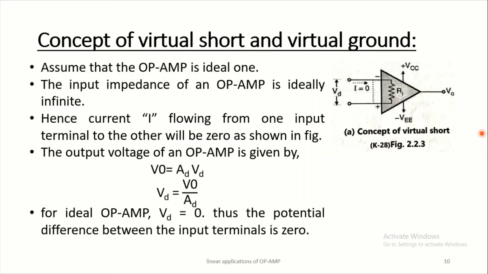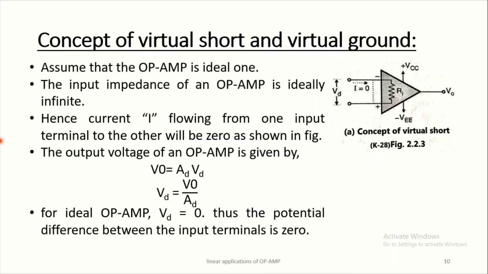Assume that this op-amp is an ideal one. The input impedance Ri of an op-amp is ideally infinite. Hence, the current I flowing from one input terminal to the other will be zero. Because Ri is infinity, this current I is equal to 0. Thus, the voltage drop across Ri will be 0 and both input terminals will be at the same potential.